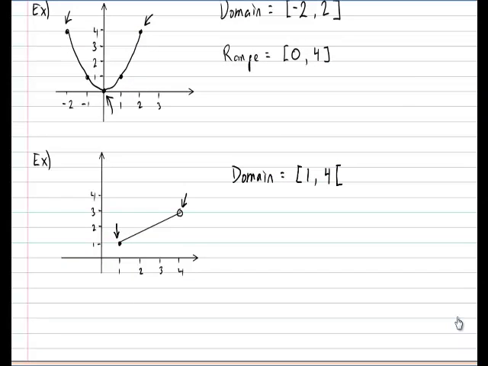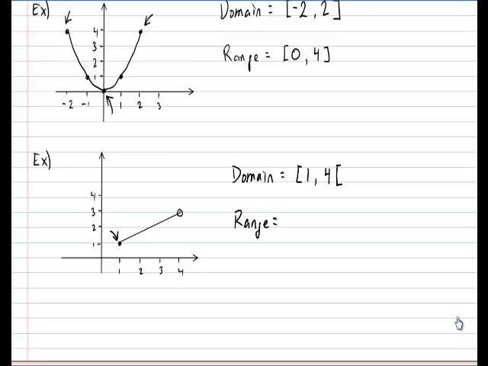Now let's take a look at the range. Now don't forget, the range refers to the target set. The target set refers to the dependent variable, which is always located on the y-axis. So the range, ask yourself, how low does the graph start and how high does it go? Well, let's take a look at the lowest point. The point right there.